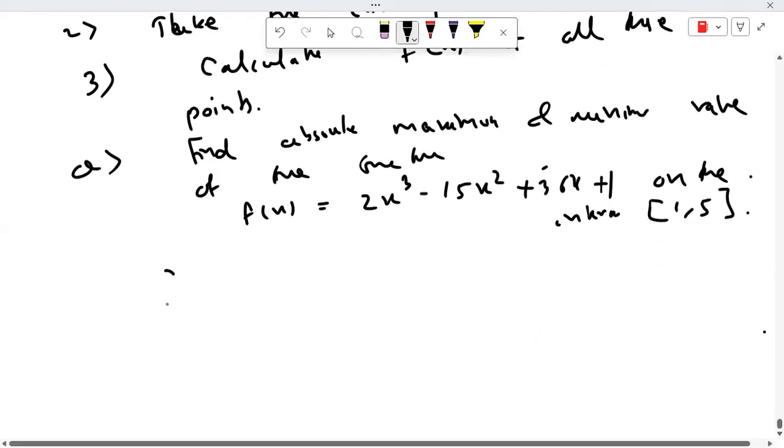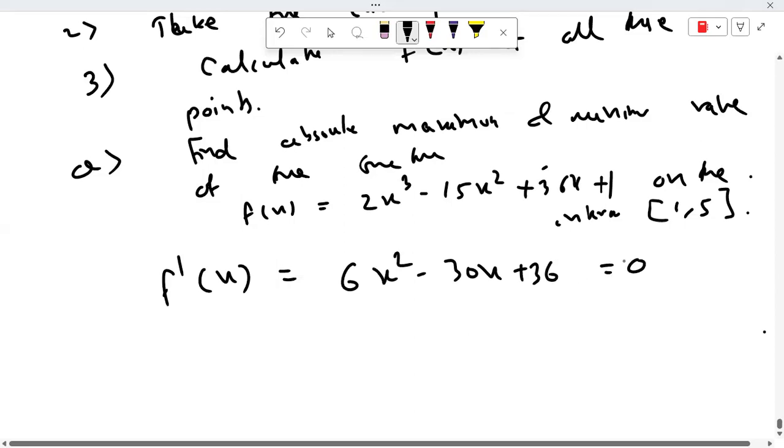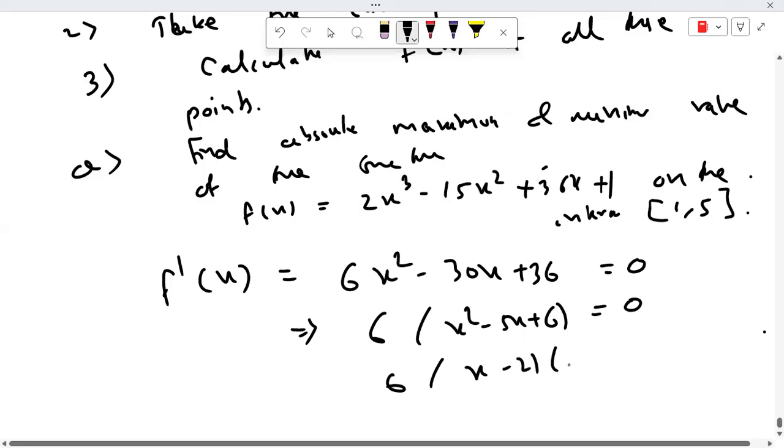First step is to find critical points. So we'll find f dash x, which will be 6x square minus 30x plus 36. We'll put this as 0. This implies 6 taken out, x square minus 5x plus 6 equals 0. 6 times x minus 2, x minus 3 equals 0. So x is 2 and 3.